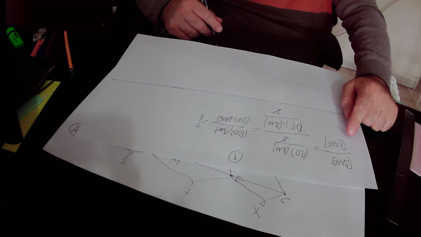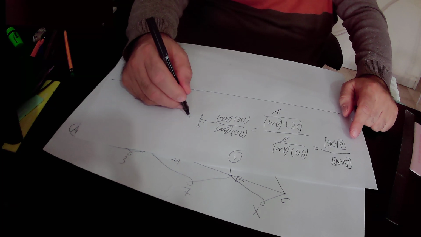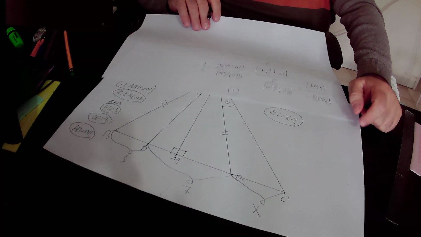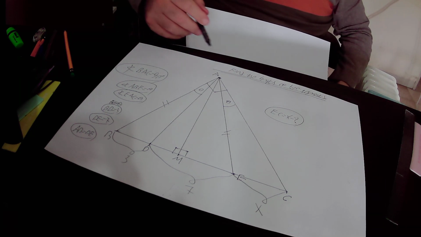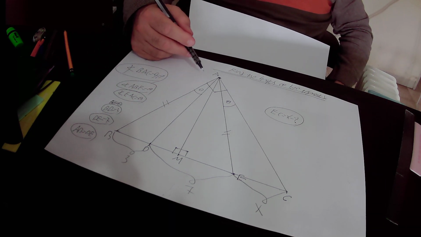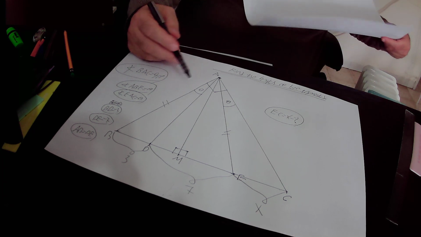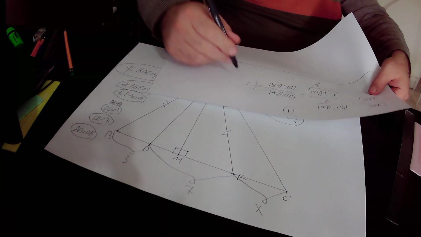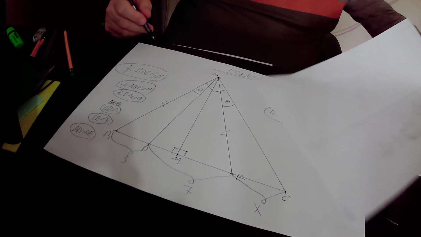But we can calculate the areas of triangle ABD and triangle ADE in another way. The other way to calculate the area of triangle ABD is to take the base as AB, times the height to the base.